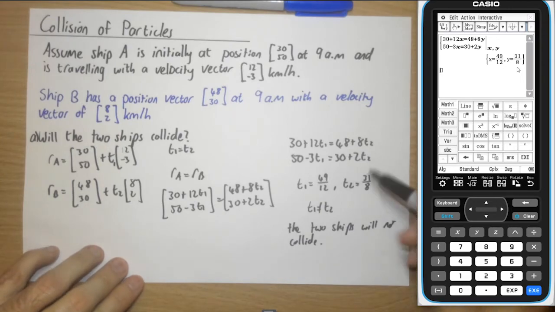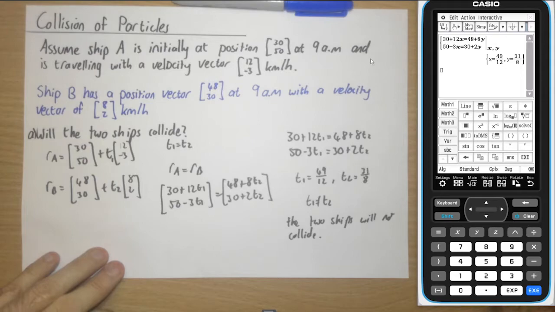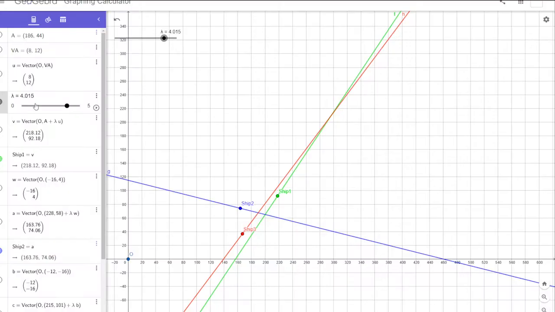And the reason they don't collide is because they cross the same point, but they cross at different times. Just like what we saw before, we saw that ship 1 and ship 3 crossed the same point, but they crossed at very different times. Whereas when you compared ship 1 and ship 2, they crossed the same point at exactly the same time. That was in the previous example.